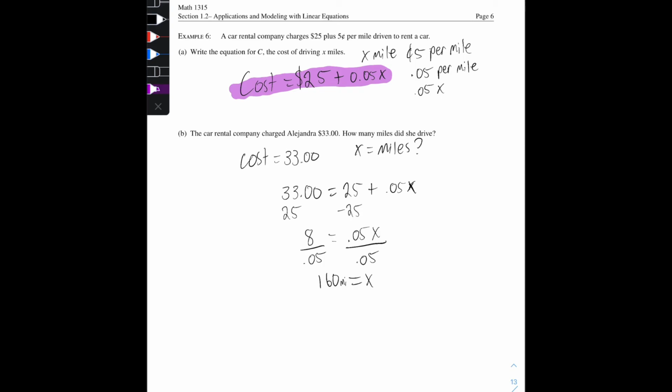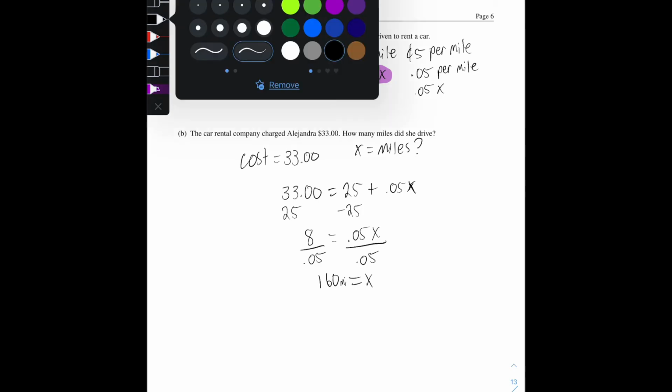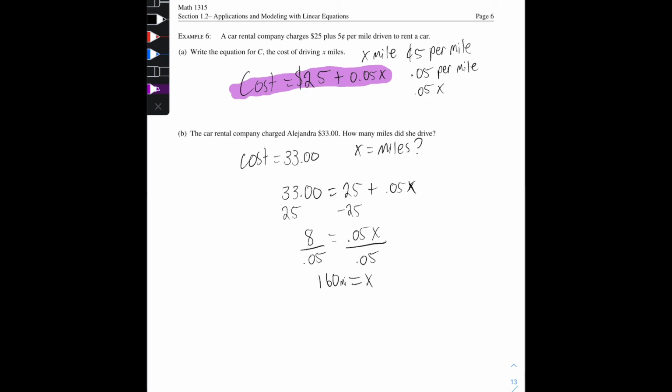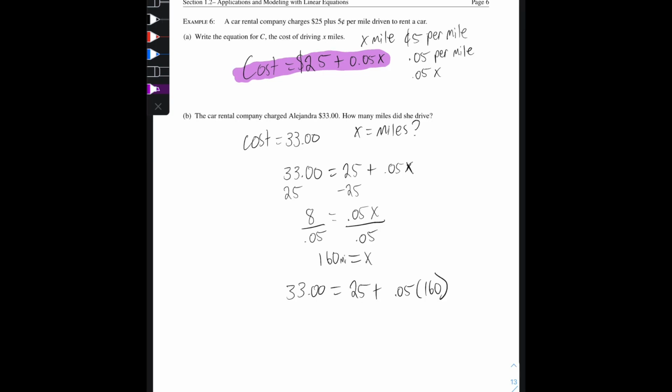Okay, I used my calculator there in order to pop out that 160, but let's plug this back in and see if this works. So 33 equals 25 plus 0.05 times 160. And we're asked to look at the reasonableness of our solutions.